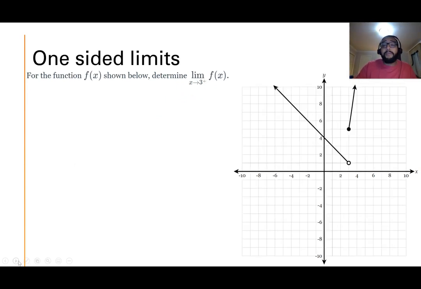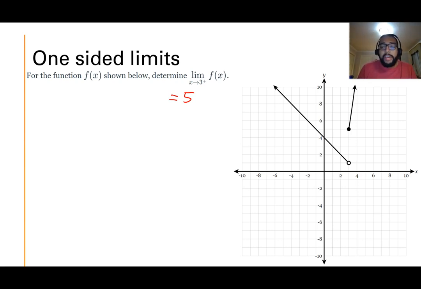And then when we go from the right side, it looks like we're approaching 3 this time. Again, right side means numbers that are bigger than 3. So this part of our graph here, as we approach x equals 3, looks like we're approaching 5. So in this case, it will be equal to 5.